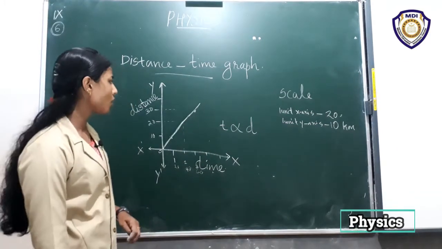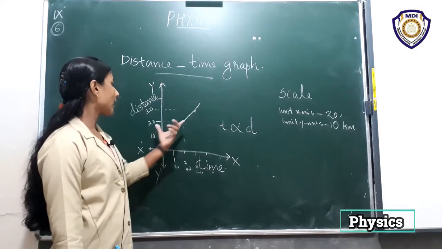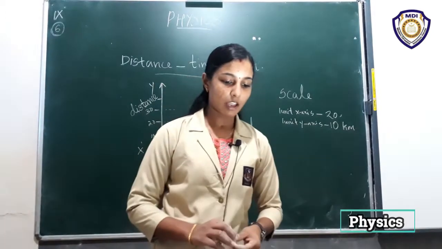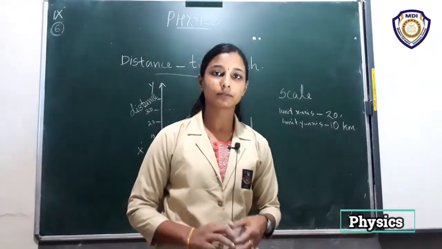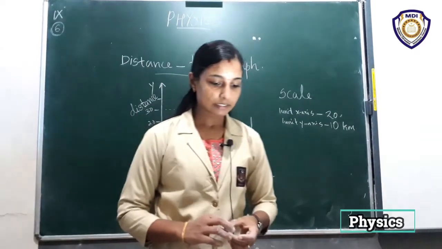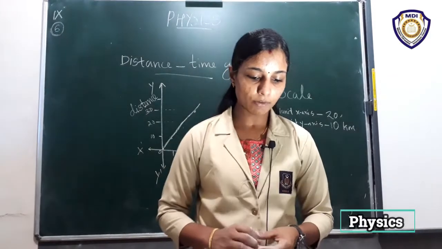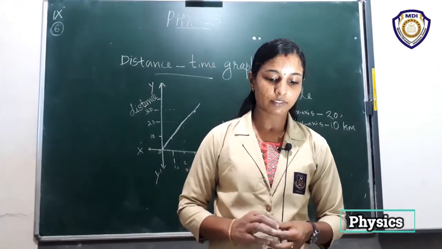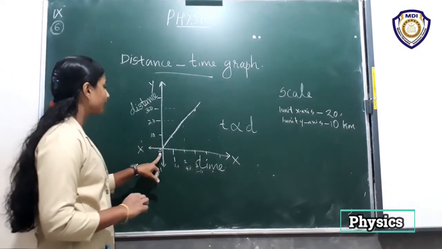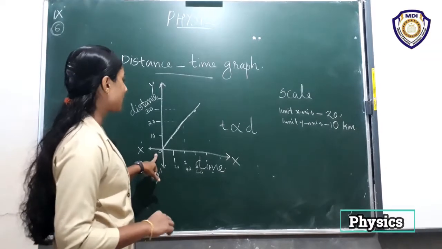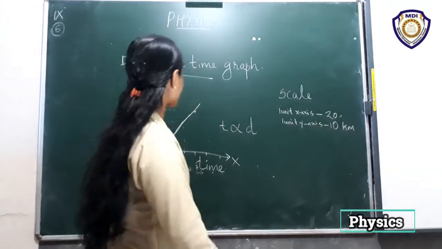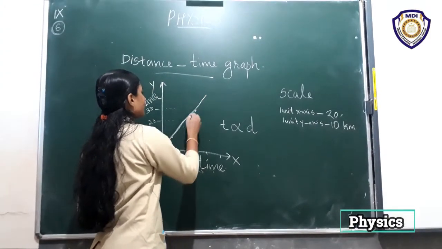Okay. So from here we can get the speed of the object, right? We have to know how we can get the speed of this object from the graph. We can see from the graph the object moves from the point O, which is the starting point, right? And here you have other points in your textbook.